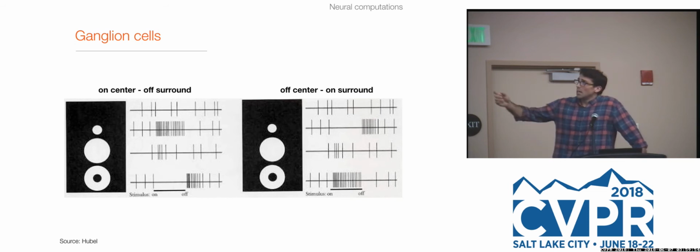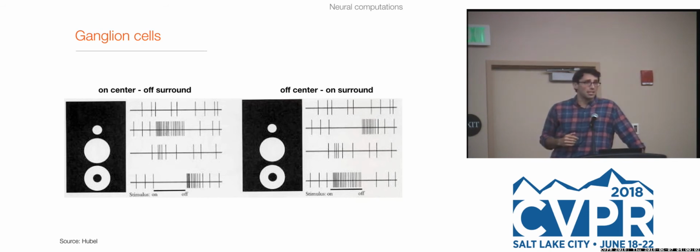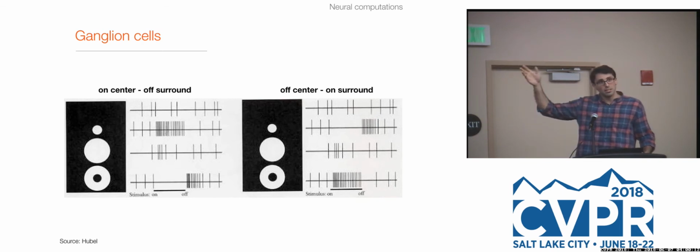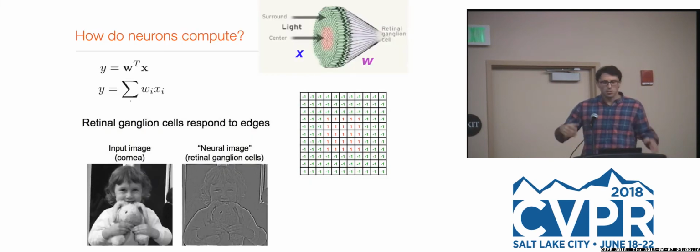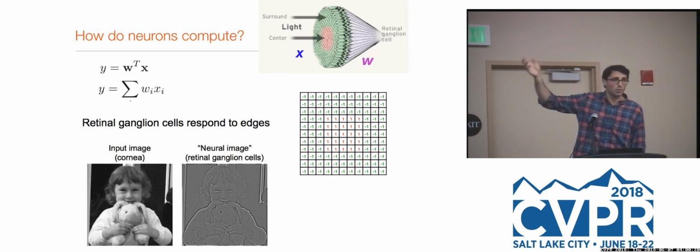And so what I'm showing you here is on the left is the response profile of an on-center off-surround cell, and on the right is an off-center on-surround cell. And so RGCs can, for the most part, just be binned into these two categories of response properties. You're going to be either on-center off-surround or off-center on-surround. So what does this really mean? Well, in the top right-hand corner, you can see a cartoon of what this might look like.